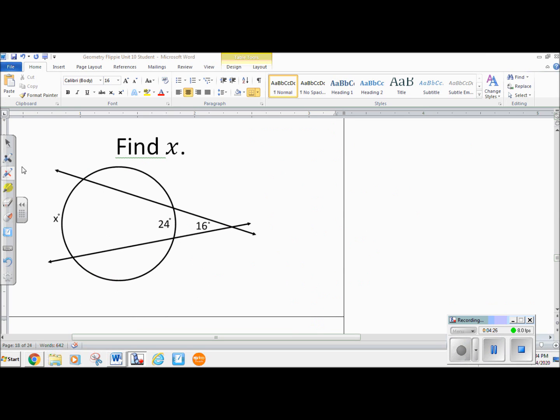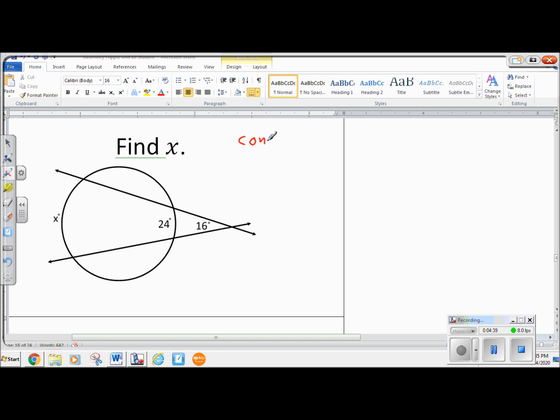Find x. This time, we have 2 lines that intersect a circle, and we're working with angle and arc measures. The cone equals half the sum of the scoops. Here, the cone is 16.